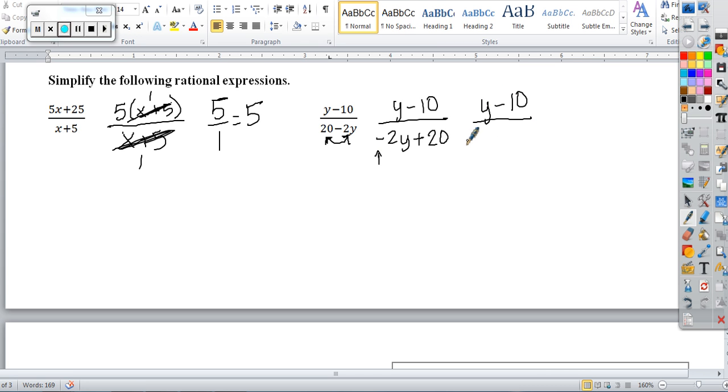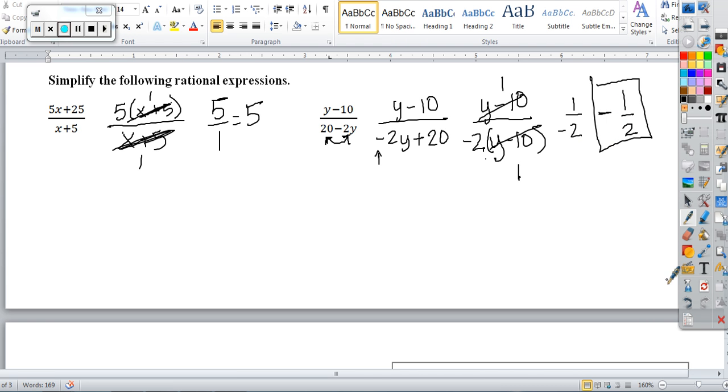We're going to take that negative 2 out, and that's going to leave us with negative 2 times y, and negative 2 times the negative 10 is positive 20. And now see what happened? We have our y minus 10s. They actually do match. We replace those with 1s, and we get 1 over negative 2, which is negative 1/2.